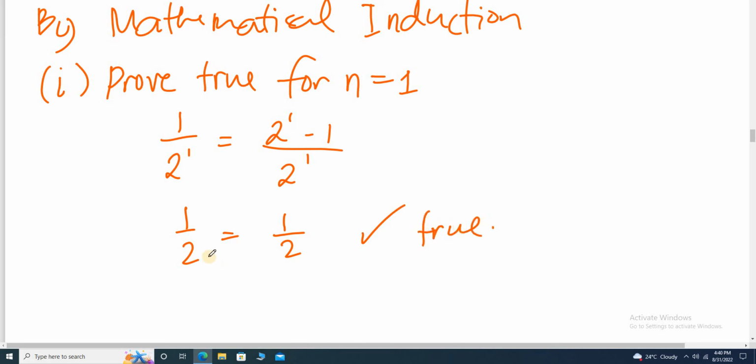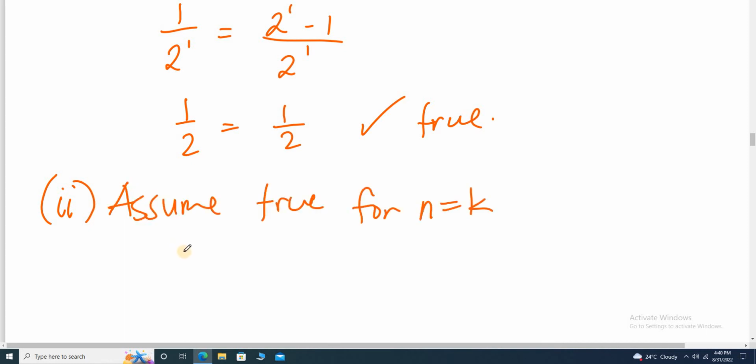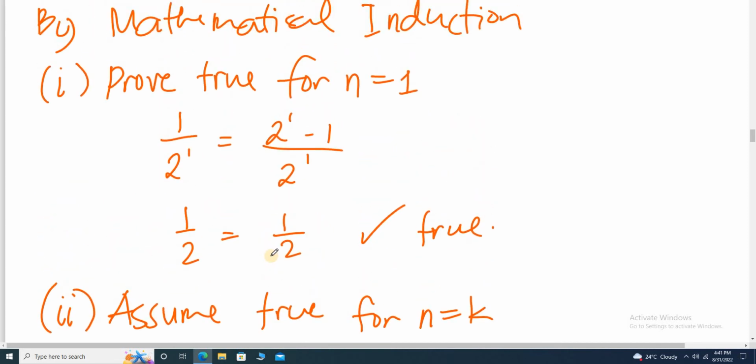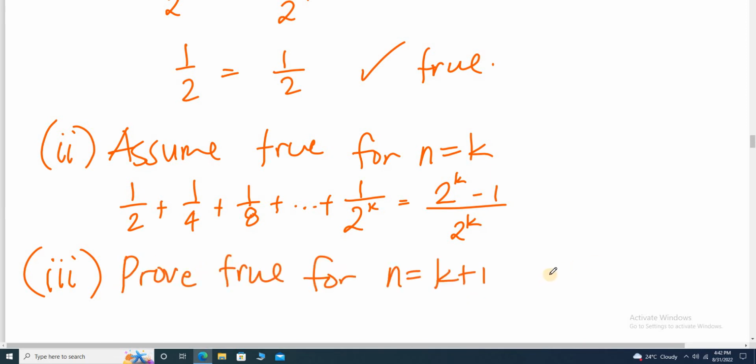First step is done. Second step, assume true for n equals k, so we'll simply assume because this is our basis for step 3. So there you go. All n is replaced by k, and the assumption is done. We shall now go to step 3. Prove true for n equals k plus 1.